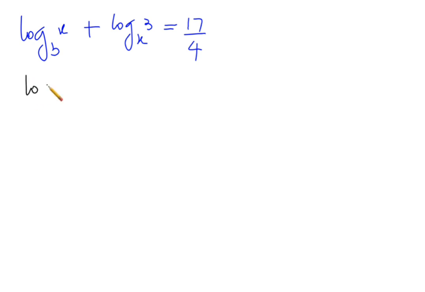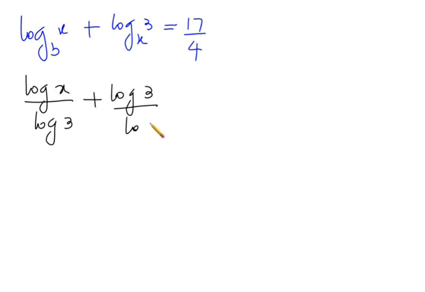We know this can be written as log of x upon log of 3 plus log of 3 upon log of x equals to 17 upon 4. Now, instead of doing this, let me do this one more time, because maybe we will be able to save one more step over here.